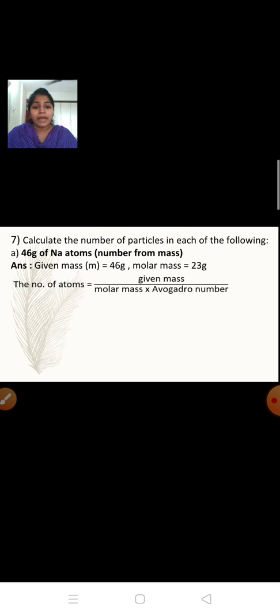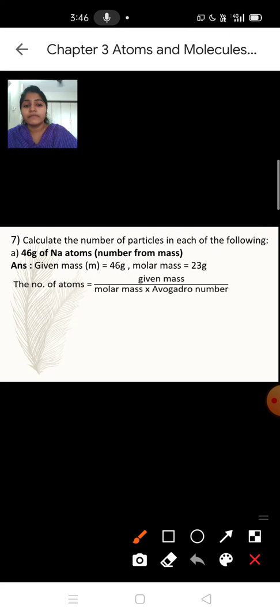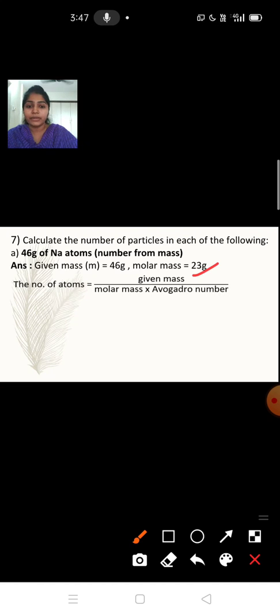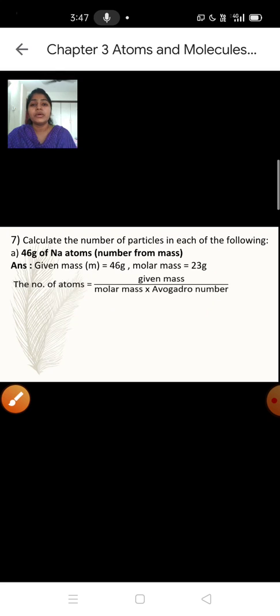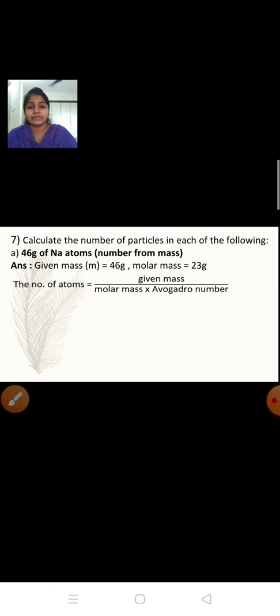The number of atoms is equal to given mass upon molar mass into Avogadro's number. So over here we know the given mass, we know the value of molar mass, and we know Avogadro's number. We can calculate number of atoms. Yes, we can. So we will put those values.